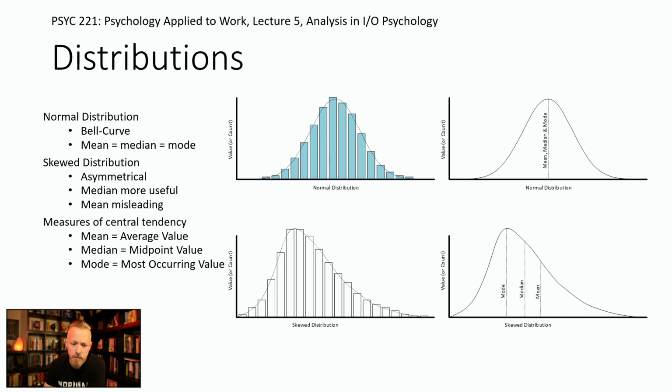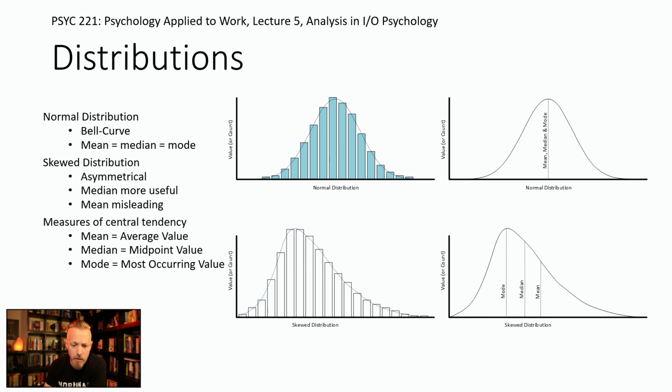What's the height that had the highest number of Norwegian women? When you have a normal distribution, it should be clear now why the average, the midpoint value, the median, and the most occurring all happen at the same height in this example.